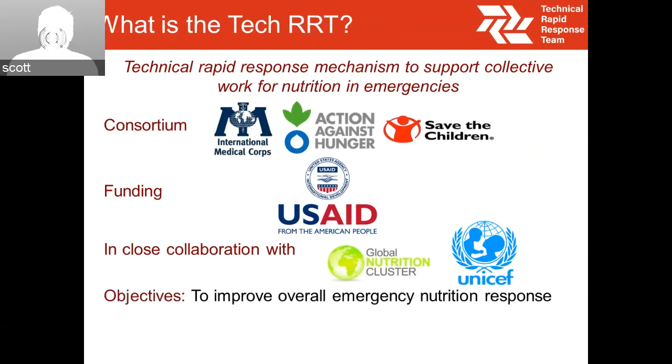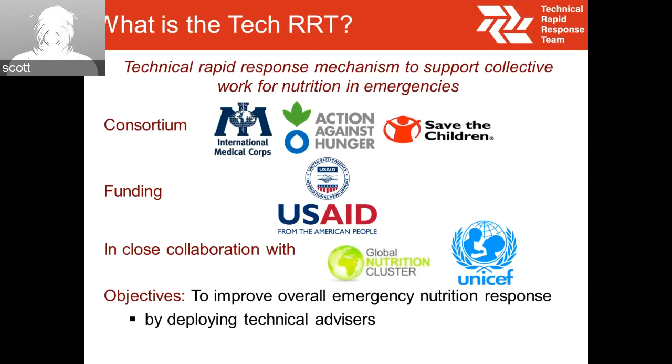The objective is to improve overall emergency nutrition response by deploying technical advisors. Currently we have technical advisors in the field of assessment, which is myself, SBC, Social Behavior Change, IYCF, Infant and Young Child Feeding, as well as CMAM, the Community Management of Acute Malnutrition.